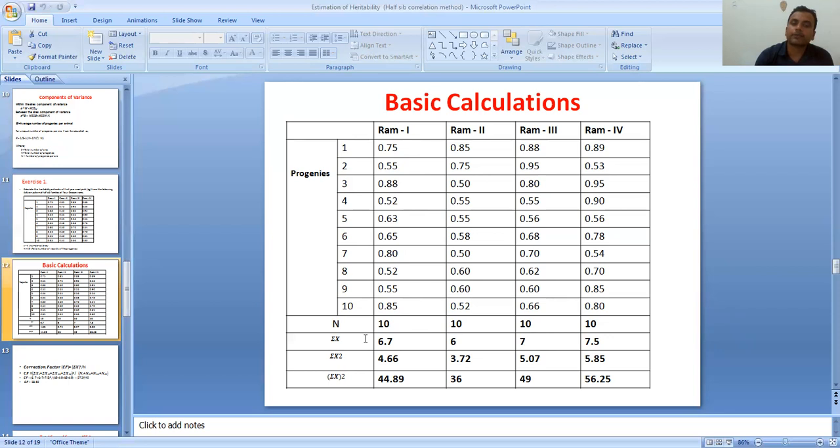Then we make a summation of all observations for ram 1 from all their 10 progenies, the same way for the 2nd, 3rd, and 4th ram. So we are getting these values. Then again we take the summation of the square of each value and the summation of all these for each ram. And then whatever values we have here, we again square to get these values.